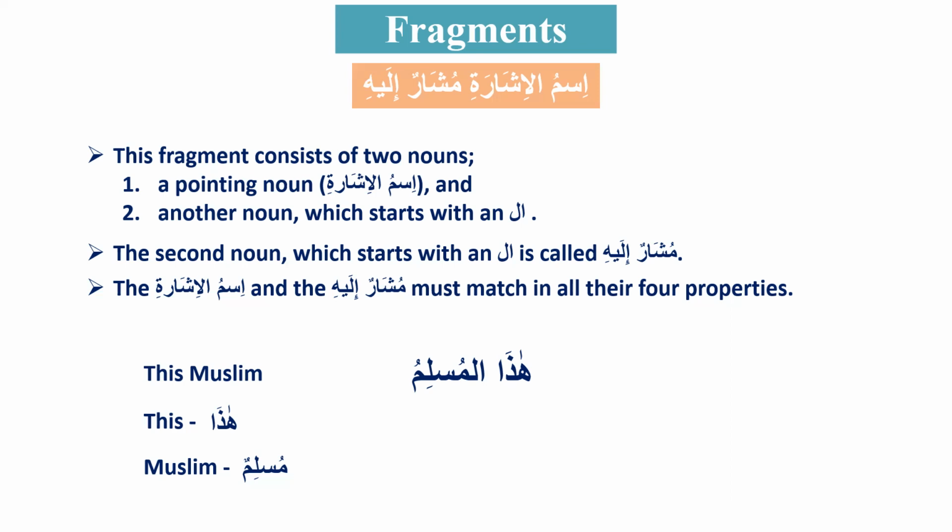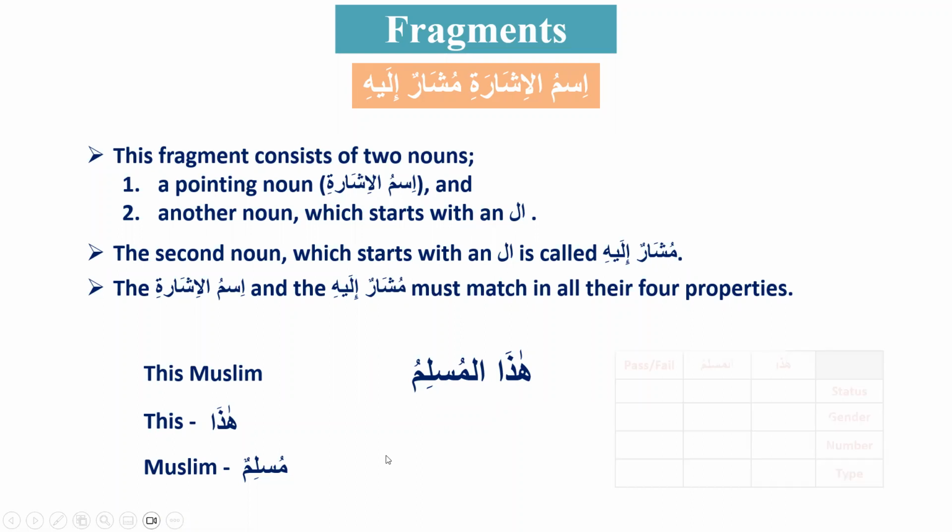I think Saad knows this. Saad, go ahead. هذا مسلم means that this is a Muslim. If it was Haza Muslimun, as Arham was saying, it would mean this is a Muslim.